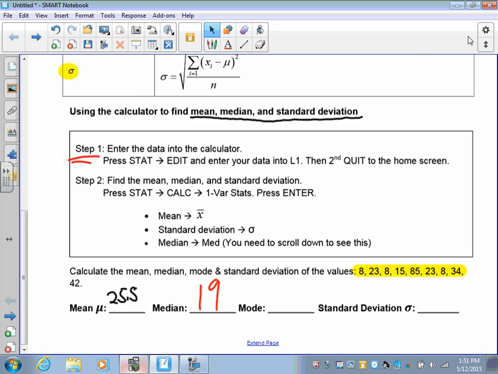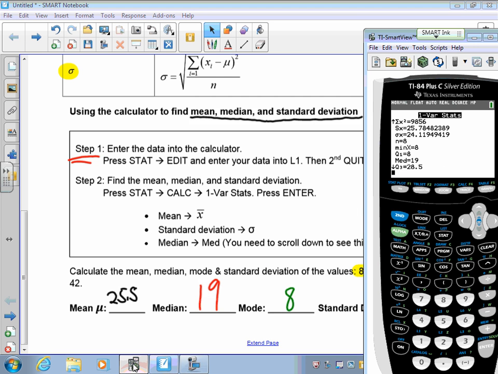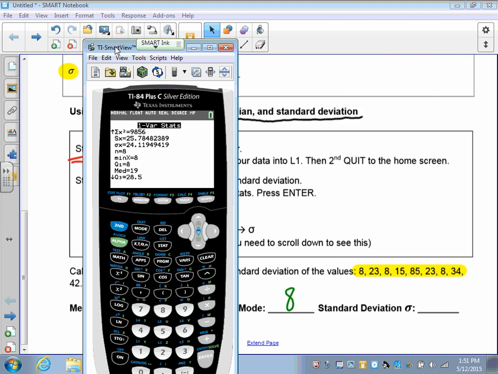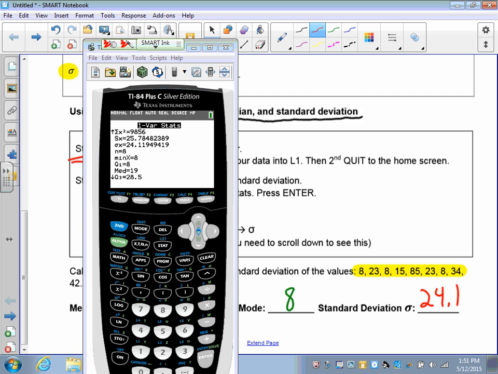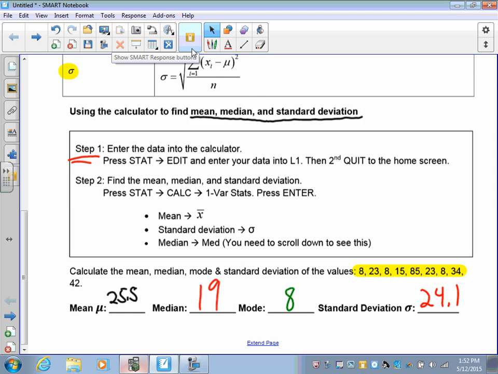Well, 8 appears 3 times, so that's going to be my mode. My standard deviation, we're going to look for the sigma symbol, and that is 24.1. So that was using the calculator to find the mean, median, and standard deviation. We did not use the calculator to find the mode.